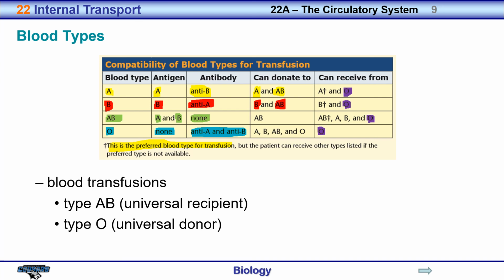So the ABO and the Rh system together are what make up our blood types. Okay, so that takes us to the end of our section on blood types.